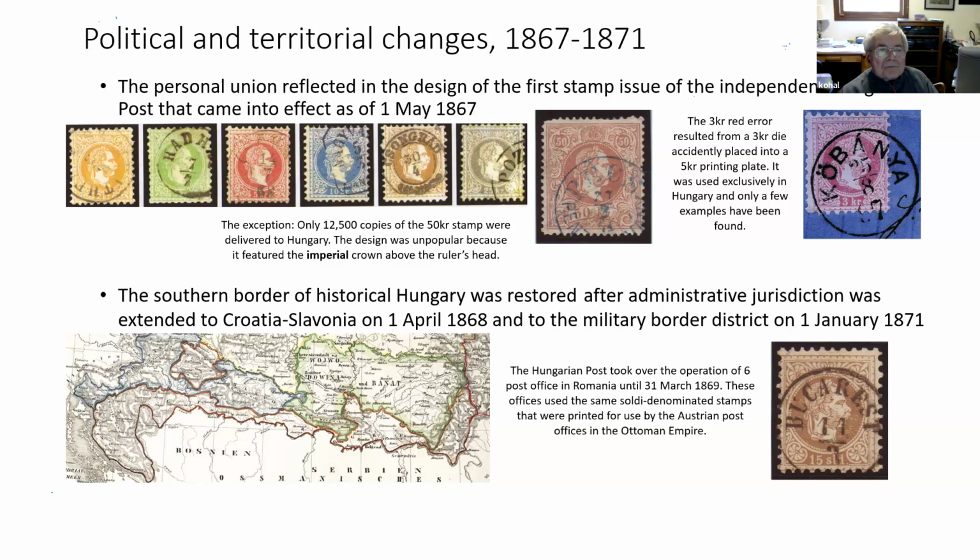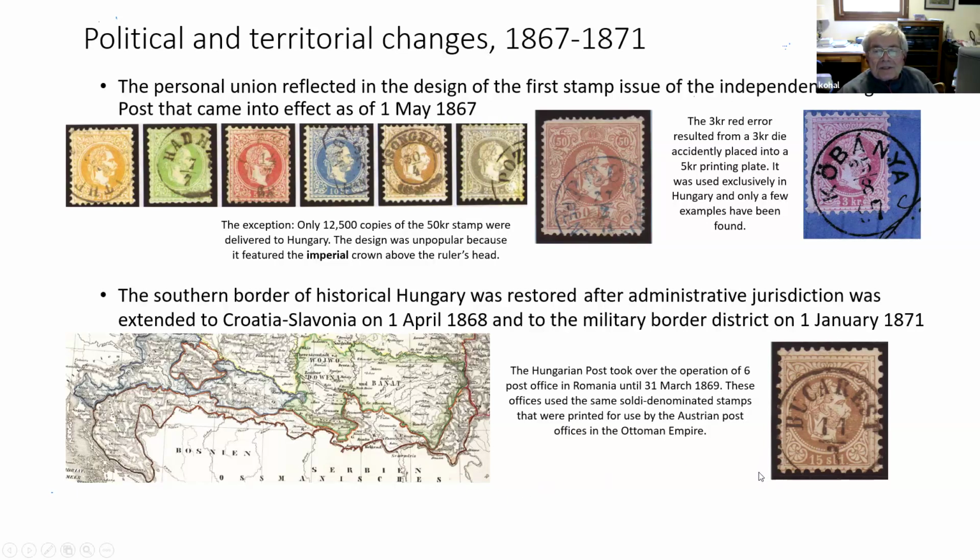The Hungarian Post administration did not get extended to Croatia, Slavonia until April 1st of 68. And the military border was finally incorporated in January of 1871. So when we reach 1871, we could say that the southern border of historical Hungary was restored.